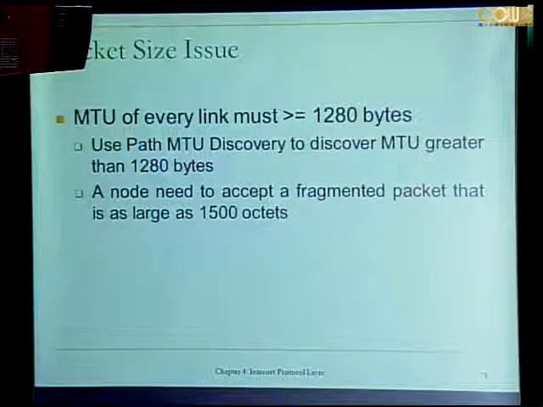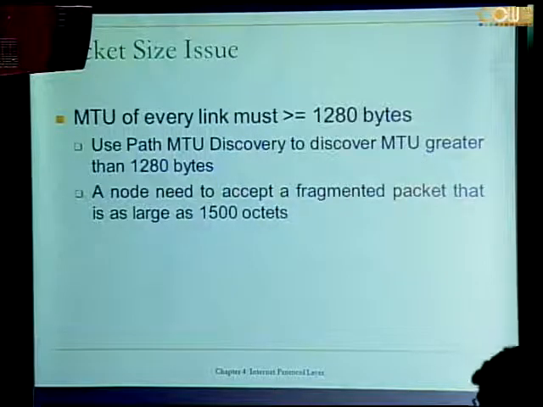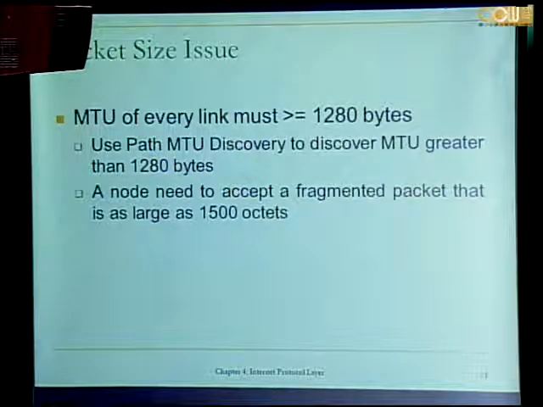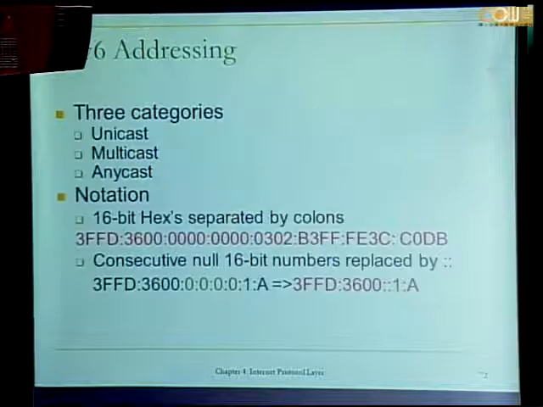But if you'd like to explore the path MTU, which might be larger than 1280, then you initiate a path MTU discovery to probe the path to find out the path MTU. If the value is larger than 1280, then you can use a larger MTU. Okay.